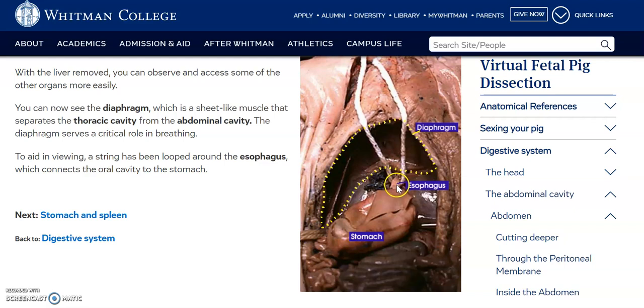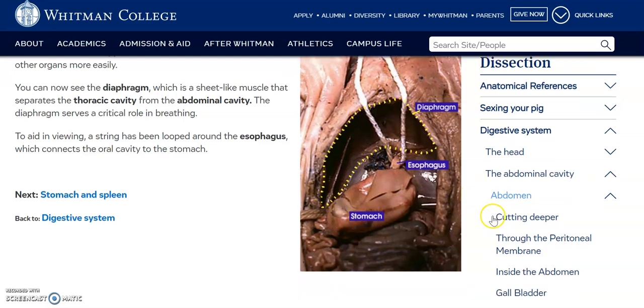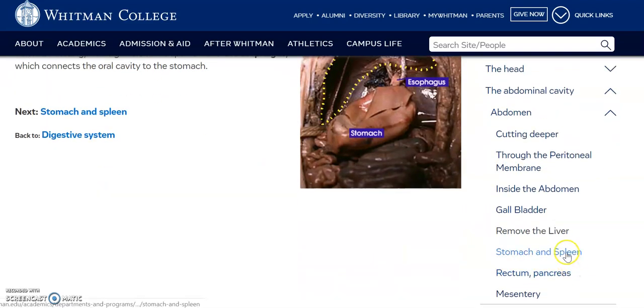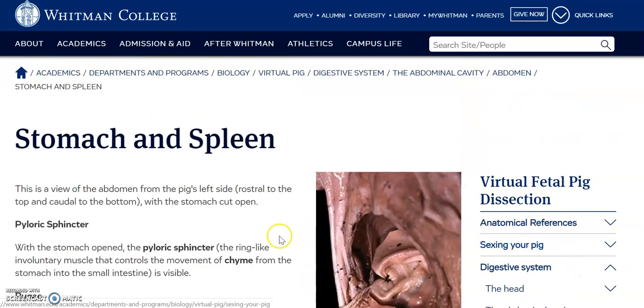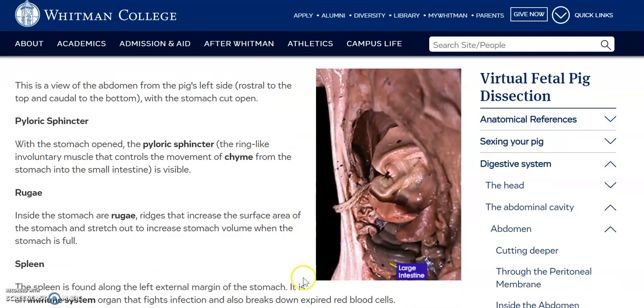Now here's where your esophagus enters into your stomach. Okay, so your esophagus is what sends the food from your mouth to your stomach for digestion to occur. Okay, so now we're going to look at the stomach and the spleen. Now, just like there's a little flap called the epiglottis in your throat that separates food entering the trachea and the esophagus, there's another one called the pyloric sphincter.